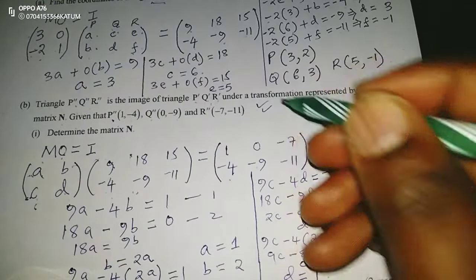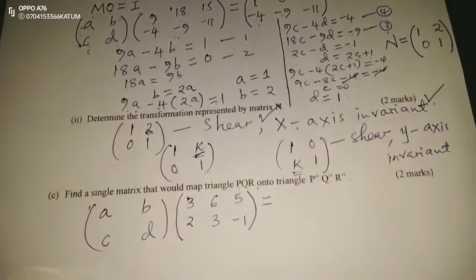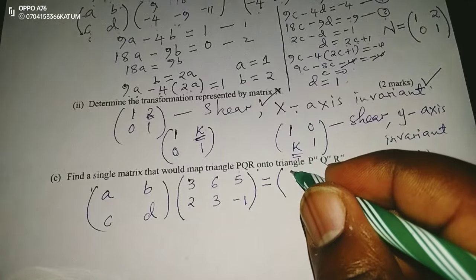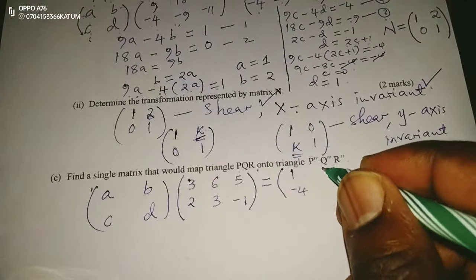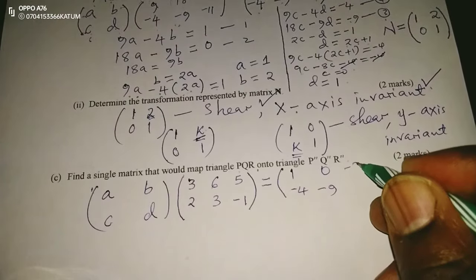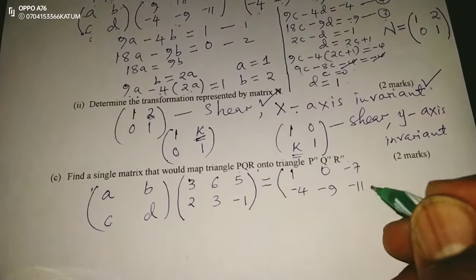So we write these as column vectors in matrix form. This will be 1, negative 4, 0, negative 9, and negative 7, negative 11.